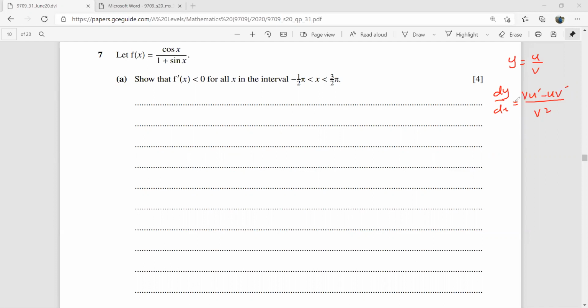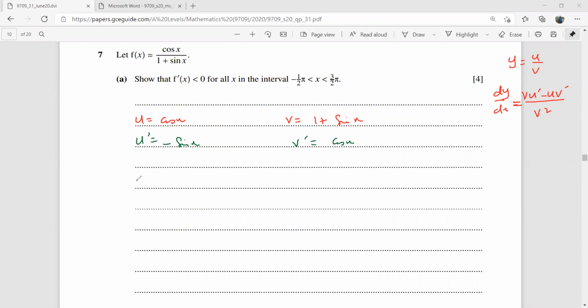And if you want to score an A star in your exam, you must be working with a paper and pencil right now with me. I'm telling you, bacho, you're taking this really for granted. Now this is your u equal to cos x and your v is equal to 1 plus sine x. Therefore, u dash would be minus sine x and v dash is going to be cos x.